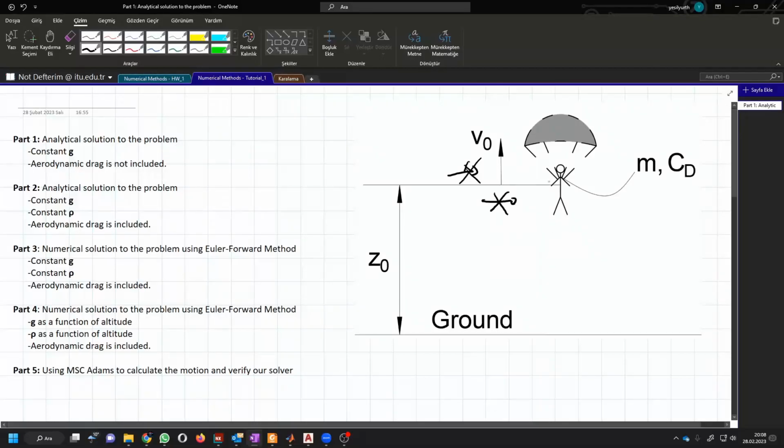Which means we can solve this problem like a 1 degree of freedom system, whose degree of freedom is only the z motion on the z axis. So if I can solve the z of t for this problem, then all the motion is solved.